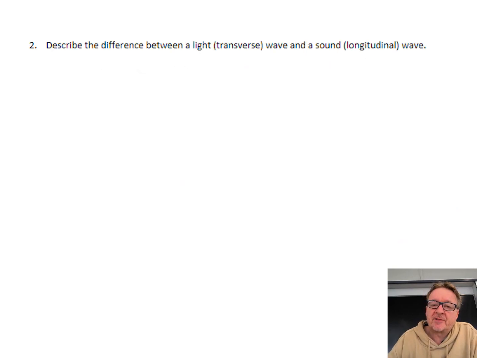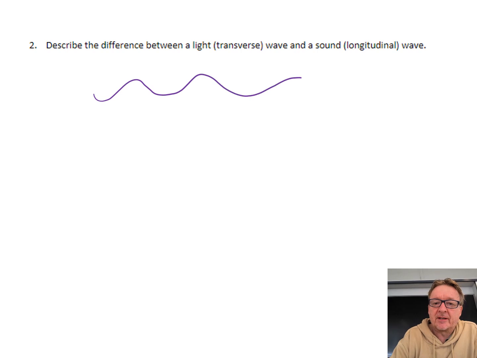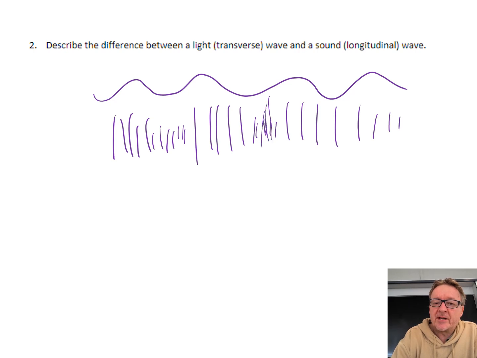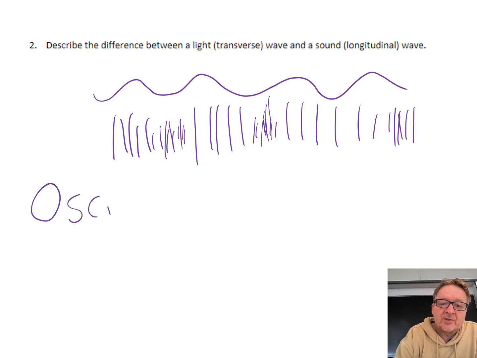Describe the difference between a transverse wave and a longitudinal wave. So a transverse wave is a bit like the one that we did before. A longitudinal wave is where I always draw them close together and then narrow and then wider and then narrow. These little lines should be the same length, but they're your compressions, which are then closer together. Now the main difference is the oscillations.